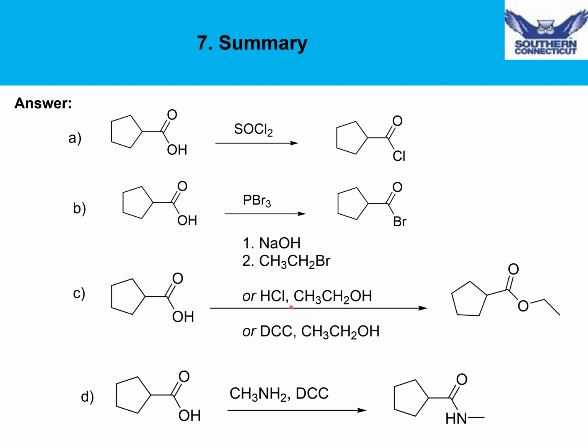With HCl and an alcohol, ethanol, we'll be doing a Fischer esterification, which means the alcohol will replace the hydroxyl group to give us again this ester. And DCC can join ethanol and a carboxylic acid to make an ester. DCC can also be used to join an amine and a carboxylic acid and form an amide, as shown here in the product.